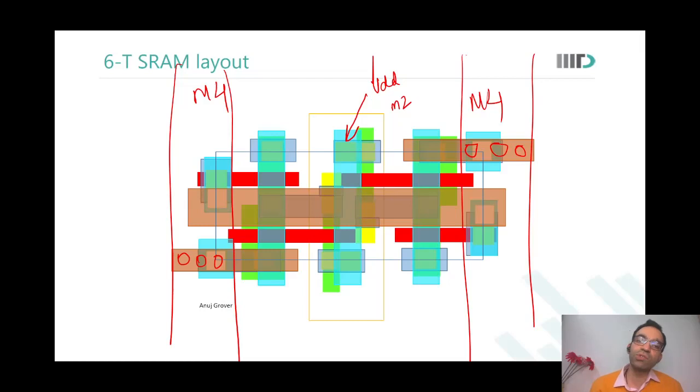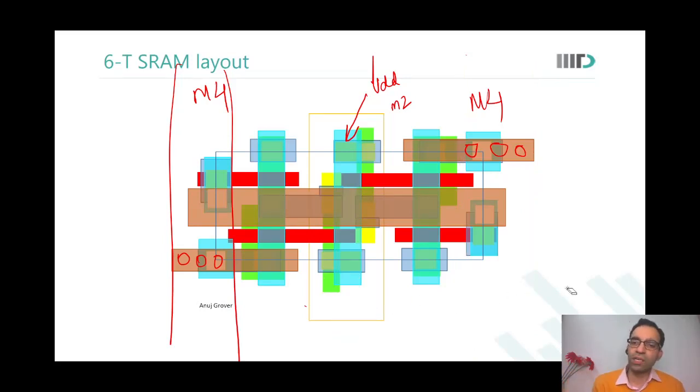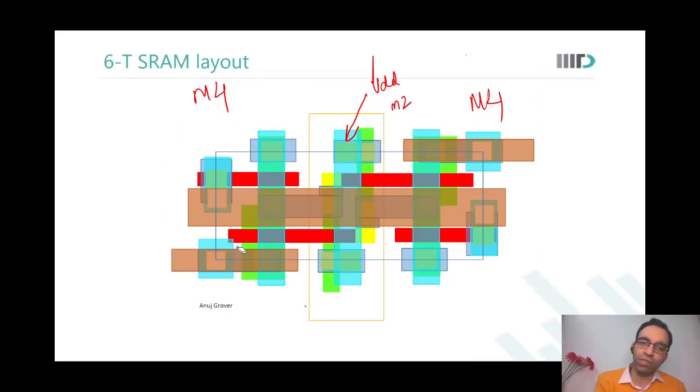To avoid that, you may also want to strap the VDD supply, provide a metal 3 stub and a metal 4 connection somewhere at some interval, not every cell, but somewhere. So when you design the memory array, you have to take care of power routing of the memory array also very carefully.